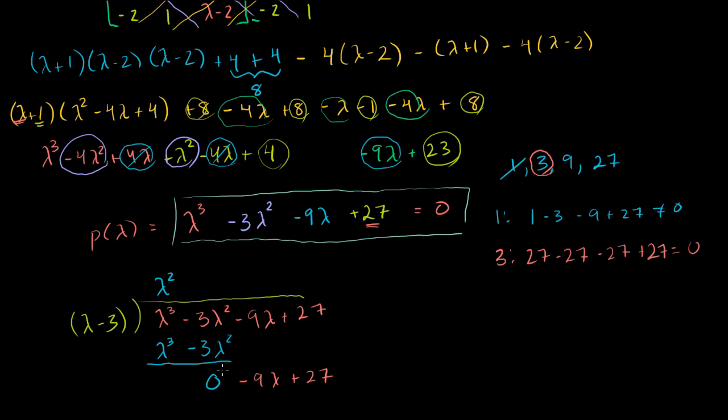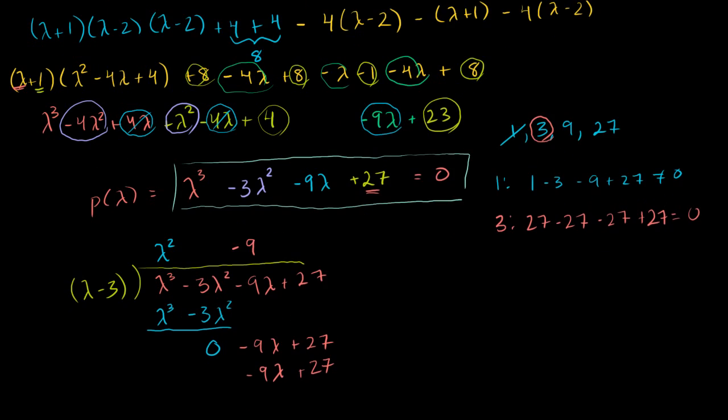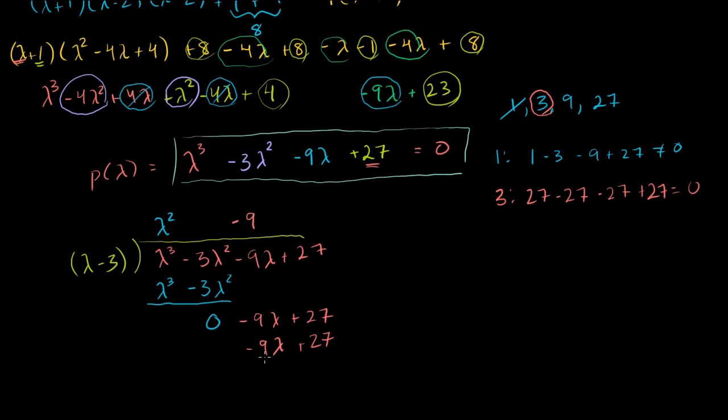And so lambda minus 3 goes into this. Well, lambda minus 3 goes into minus 9 lambda minus 9 times. So I'll just write minus 9 here. Minus 9 times lambda minus 3 is minus 9 lambda plus 27. So it went in very nicely. So you get 0.